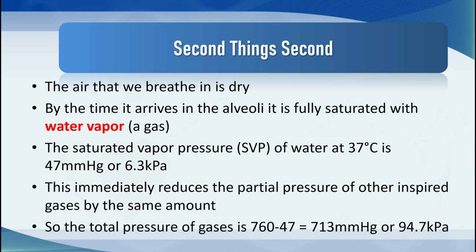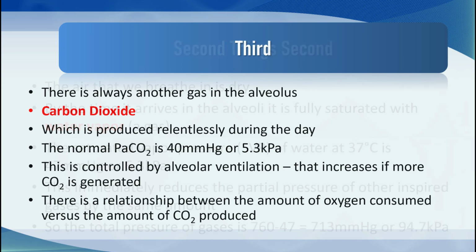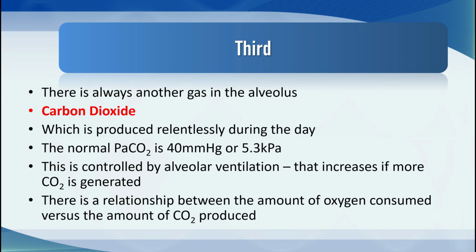Third, there is always another gas in the alveolus, and that gas is carbon dioxide. Carbon dioxide is produced relentlessly during the day. The normal partial pressure of carbon dioxide in arterial blood is 40 millimeters of mercury or 5.3 kilopascals, and it's controlled by alveolar ventilation that increases if more CO2 is generated.